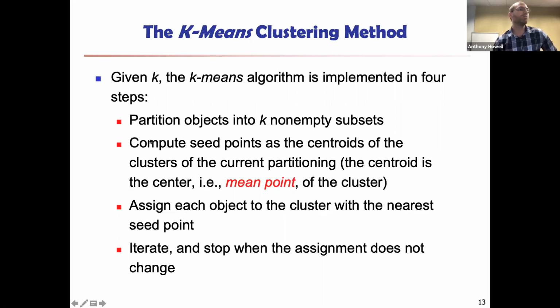We need to compute the seed points, which is essentially the starting point at the centroid of each cluster. And we're going to then assign each data point or object to the specific cluster that has the nearest seed point. And then we're going to iterate that process over and over again until we don't have any more objects being moved from one cluster to the other.